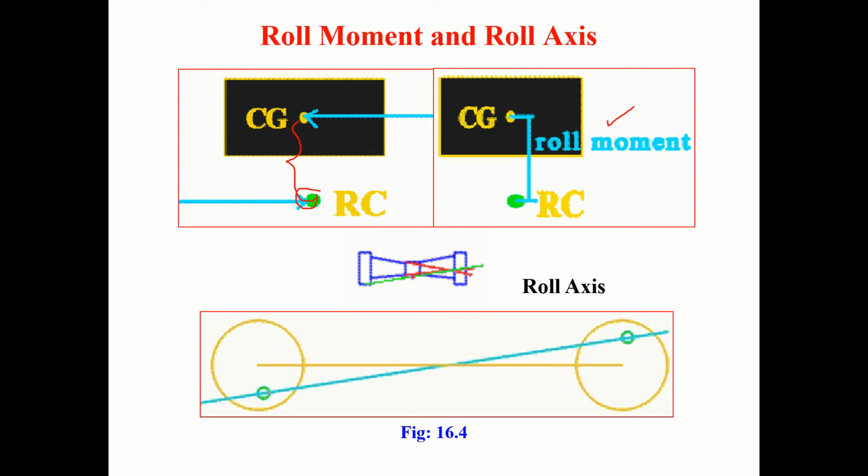For the front suspension you will have a roll center, and the rear suspension also has a roll center. If I join the front roll center and rear roll center, we get the roll axis. As the suspension moves up and down, the roll center also moves up and down. So it's a dynamic thing.